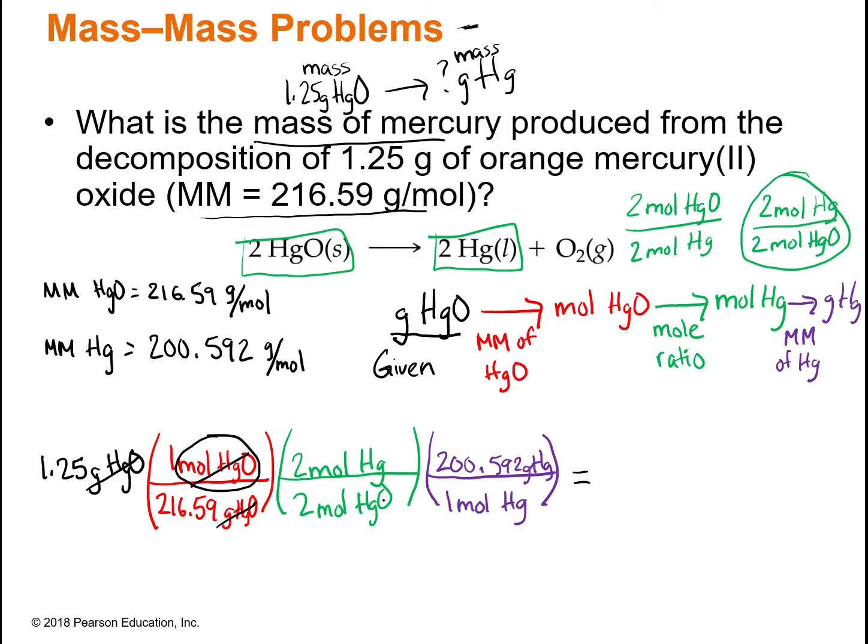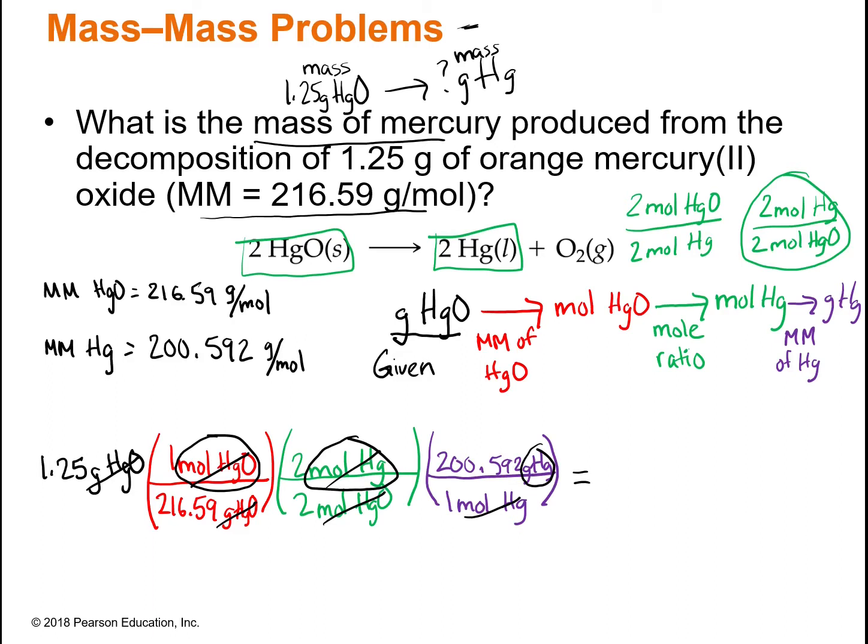That means we're getting rid of the moles of mercury 2 oxide, and we're left with moles of mercury. The final piece is taking the moles of mercury and converting to grams. We use the molar mass, put moles on the bottom, and we're left with grams of mercury on the top.